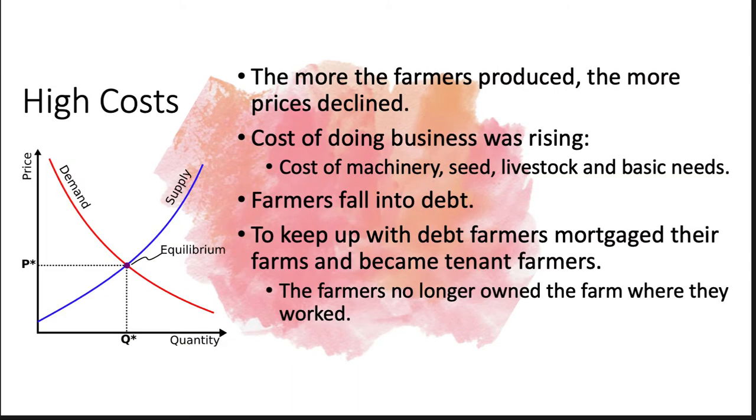Now let's talk a little bit more about the high cost that we see for farmers. The more farmers produced, the more prices declined. We started to talk about supply and demand in the last unit, and it's coming back to us again. As you can see on the chart over there, we've got price on the left-hand side, we've got quantity measured along the bottom.